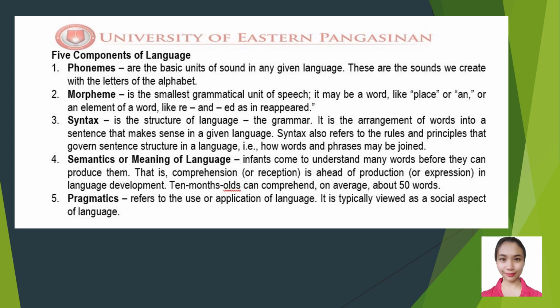So a morpheme, class, is the smallest linguistic part of a word that can have a meaning. So, in other words, it is the smallest meaningful part of a word. So, examples of morpheme, class, are the word eat, the word date, and then the word week. So, in any word that has a meaning, class, it is considered as a morpheme.